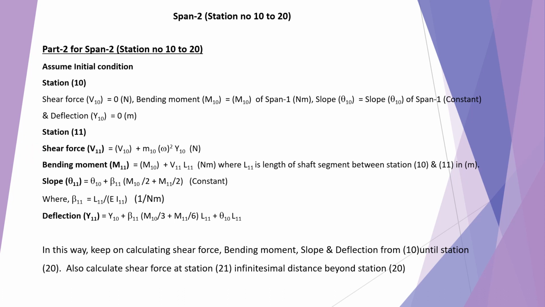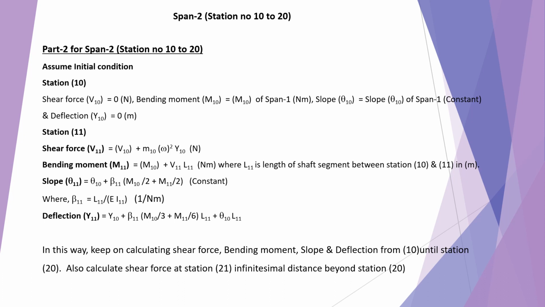At station 11, shear force V11 is equal to V10 plus M10 omega square Y10. Bending moment M11 is equal to M10 plus V11 into L11, and slope theta 11 is equal to theta 10 plus beta 11 into bracket start M10 by 2 plus M11 by 2 bracket close.